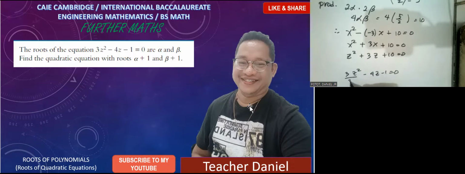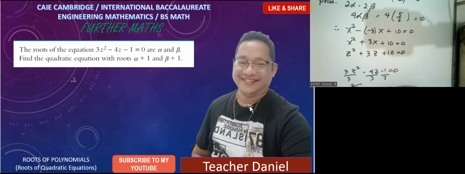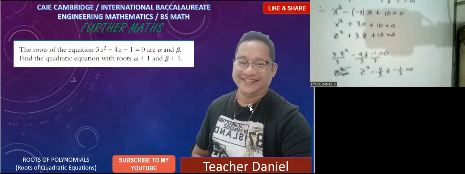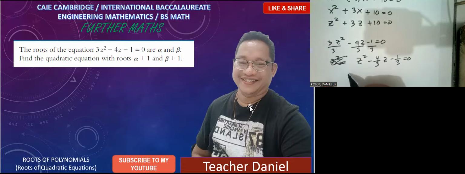You divide this by 3, so you have z squared minus 4 out of 3 z minus 1 out of 3 equals 0. What it means is that the sum, alpha plus beta, is equal to 4 out of 3, and alpha beta is equal to negative 1 out of 3.